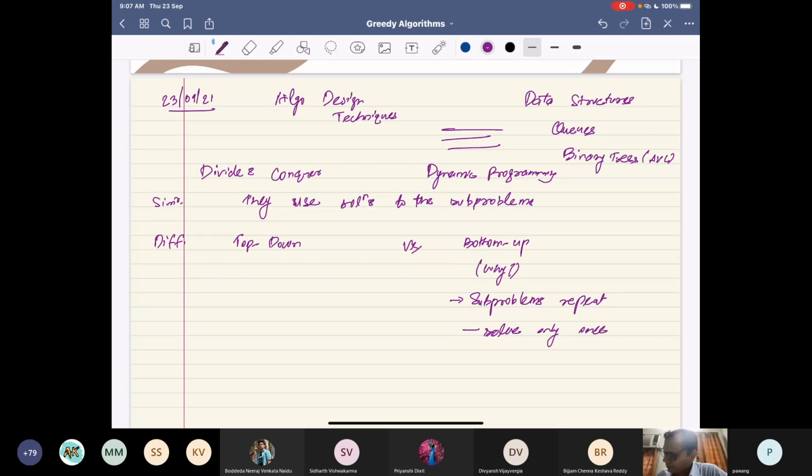On the other hand, in divide and conquer, you will keep on calling subproblems, and if the subproblems are repeating, you will have to solve them again and again because you don't store them, right? And that is where Professor Animesh Mukherjee talked about memoization at the end? Yes, no?